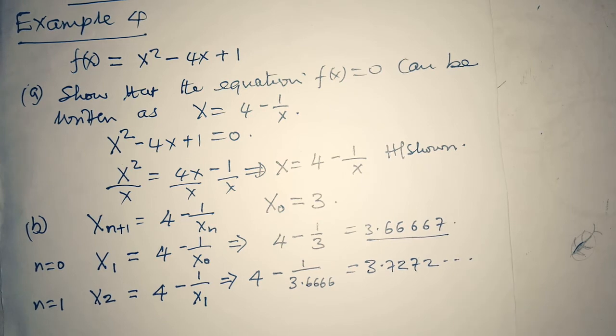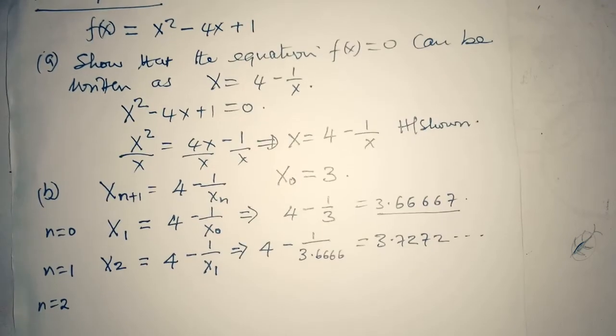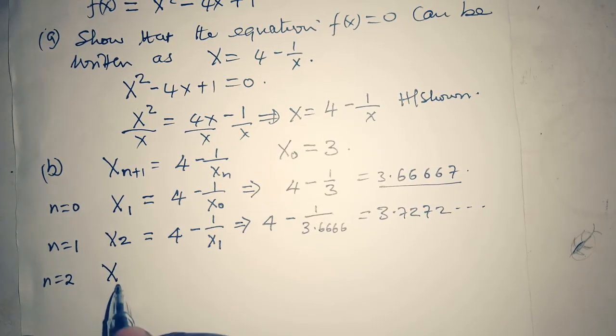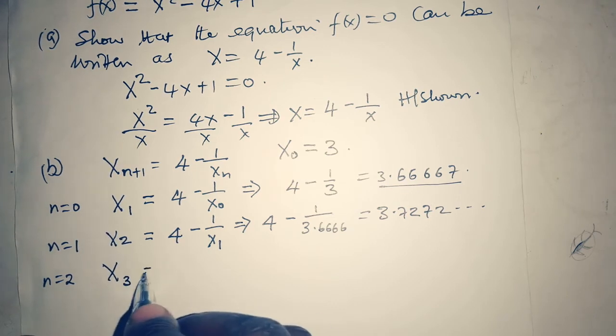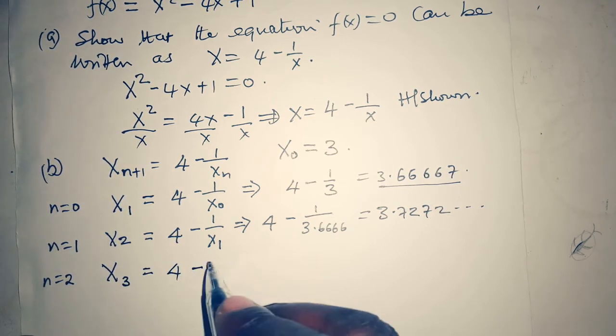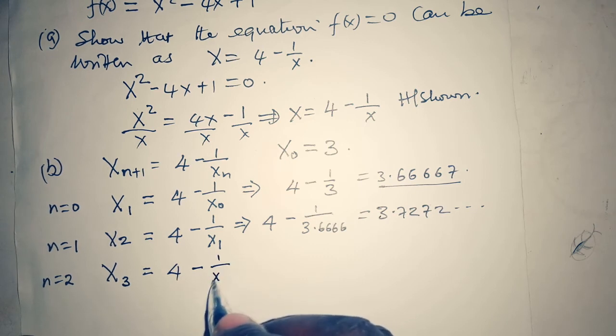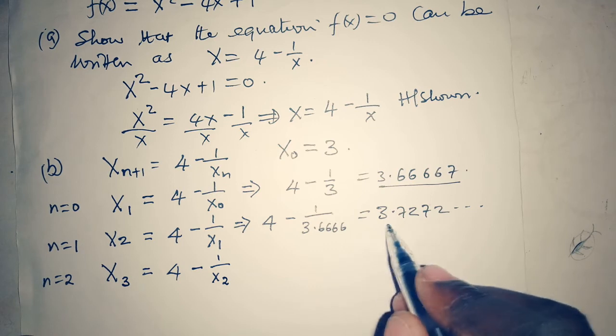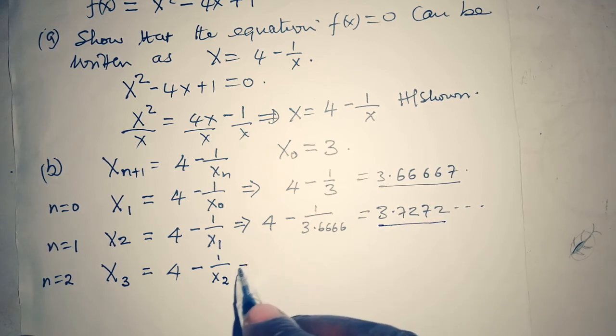And we are going to talk about when n is equal to 2. When n is equal to 2, then we get n plus 1, which is x3, equal to 4 minus 1 over x2, because n is equal to 2. And what is our x2? 3.7272.